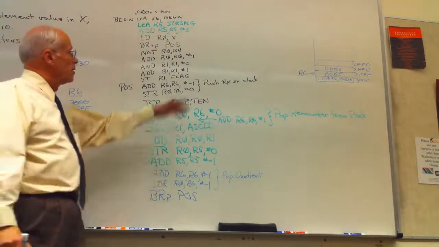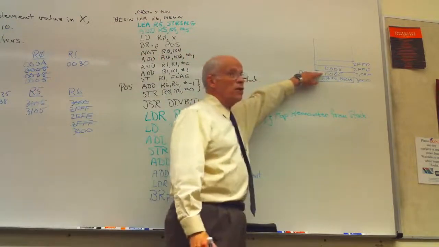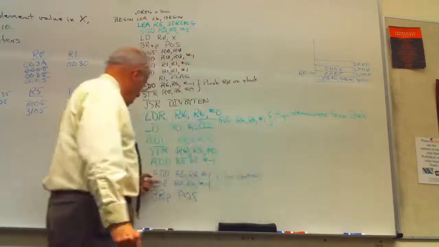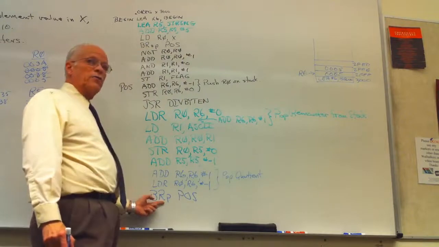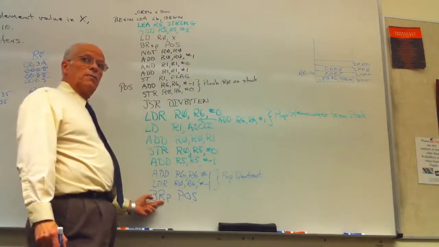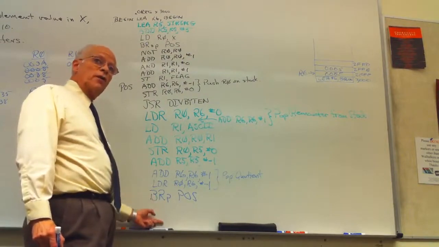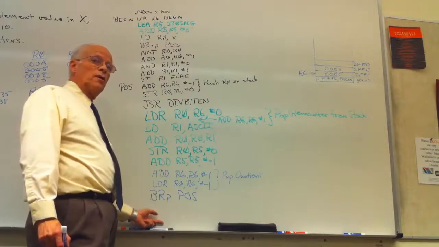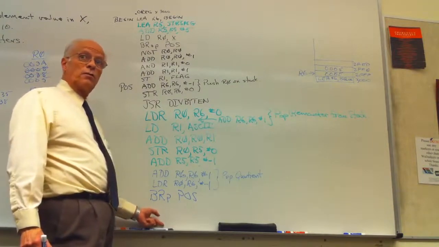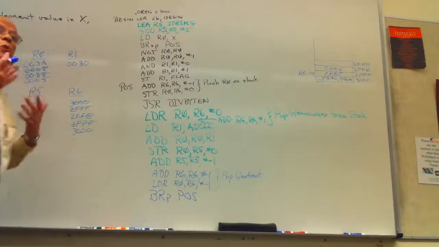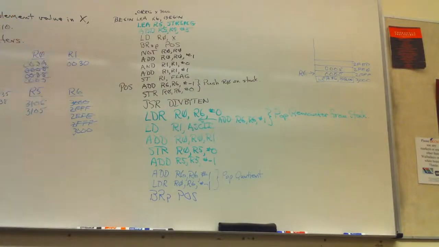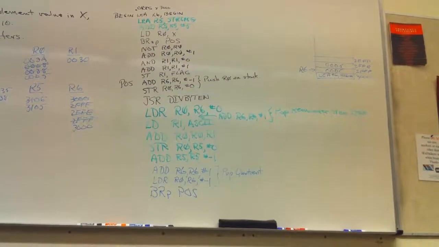I again now pop the quotient, but now this time the quotient is 0, and so when I hit this branch I don't take it. Now I can go ahead and do my finishing up stuff, print out the string, and put a minus sign on if I needed one. I'll need to check for that. But this is how you can do decimal output working from 2's complement.